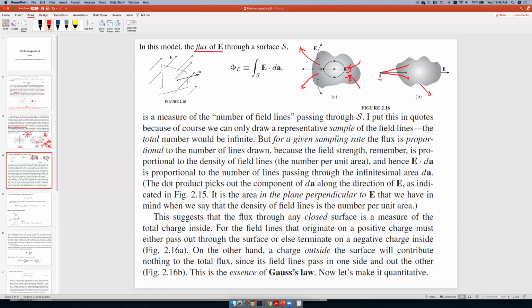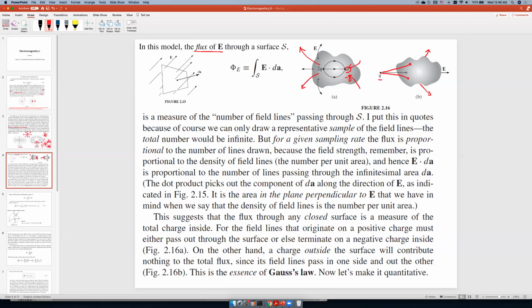For example, something like this, it will go out from somewhere on the surface. So this suggests that the flux through any closed surface is a measure of the total charge inside.